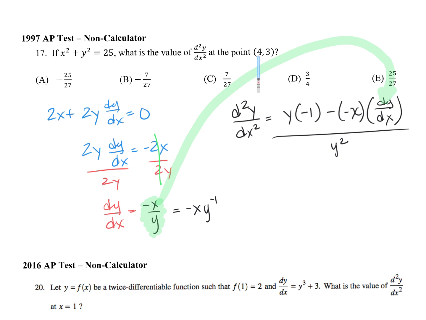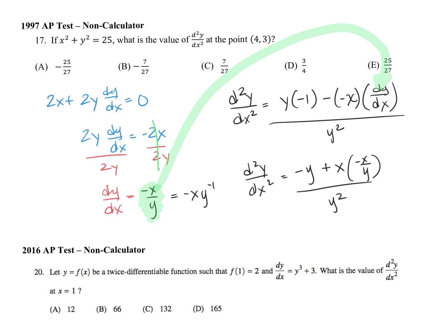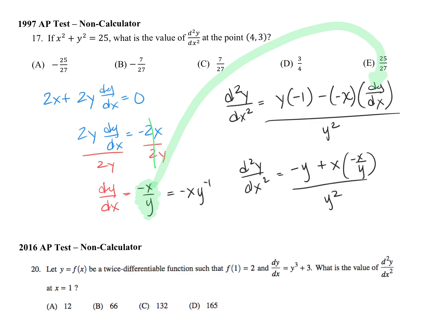It would be negative 4/3, since x is 4 and y is 3. Agreed. So I'm going to simplify before I plug in. You're welcome to plug in right now. I'm just going to simplify to see if I can make things a little easier for people to visualize. But again, if you don't need it, please carry on.